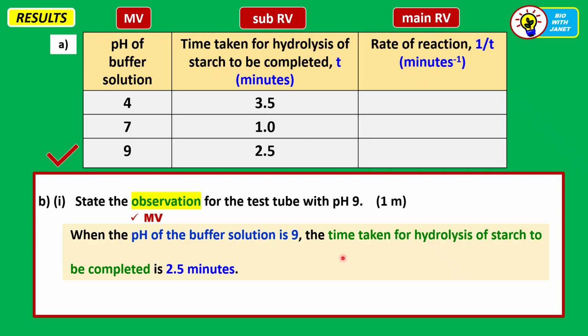So don't just write the time taken is 2.5 minutes. You must write it out in full: the time taken for the hydrolysis of starch to be completed. So this is the sub-RV. And then comes the reading, which is 2.5 minutes. So reading plus the units.